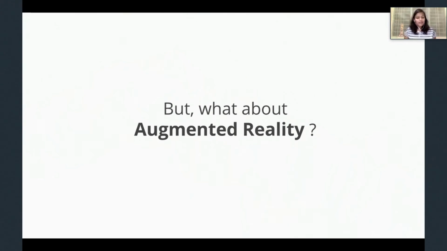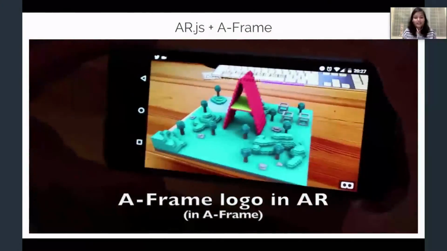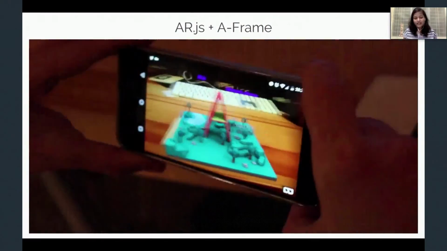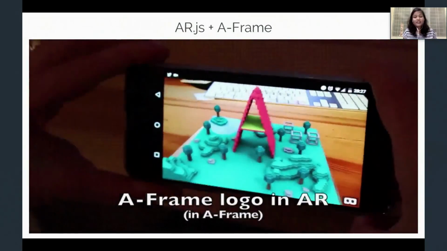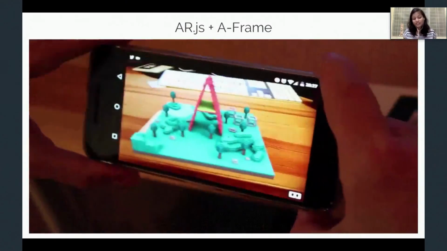Now, when we talk about virtual reality, we automatically tend to think about augmented reality as well. Augmented reality and virtual reality are two technologies that are growing at really fast and competitive paces. So, what has A-Frame to offer in terms of augmented reality? A-Frame's work in augmented reality is really limited as of now. They are just starting off with it because they're mostly concentrating on enhancing the experience with VR.